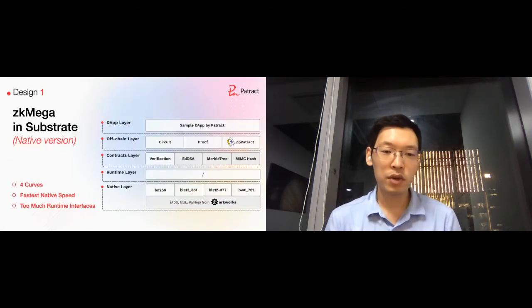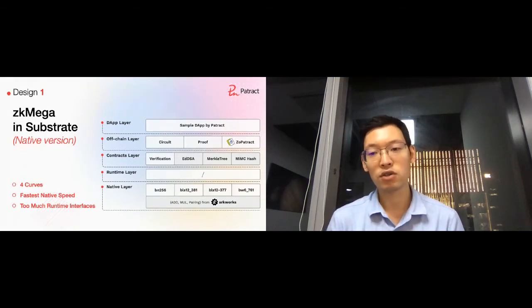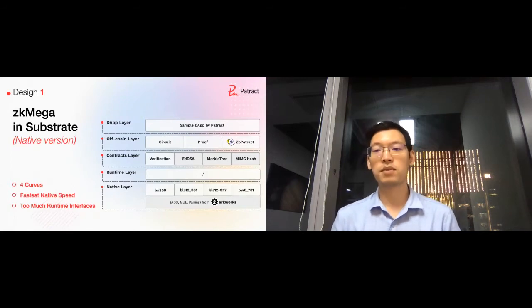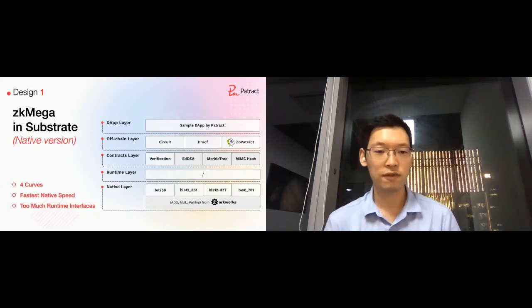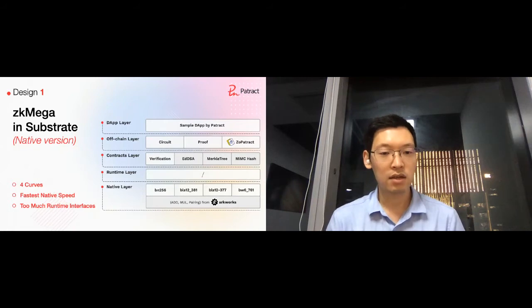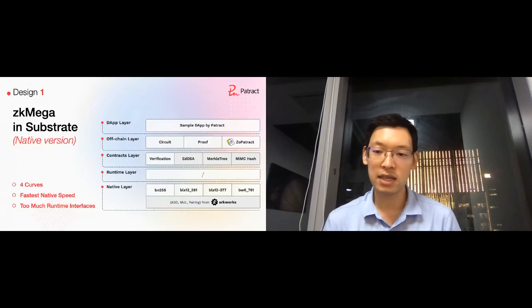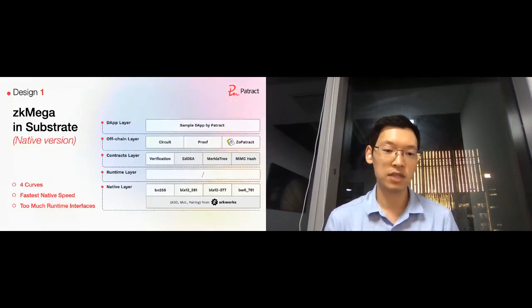Compared with Ethereum, which only supports an old BN256 curve, ZK Mega hoped to also support another more efficient BLS12 curve from the beginning. But later, Alistair from Web3 Foundation recommended the BLS12-377 and BW6-761 curves by using the Arkworks library instead of Zcash.